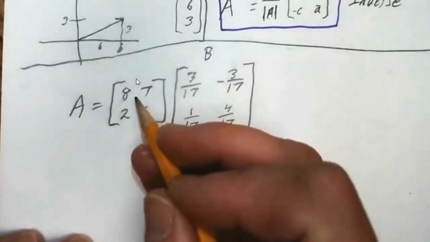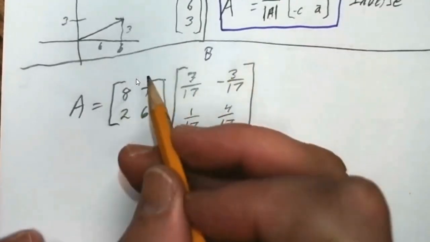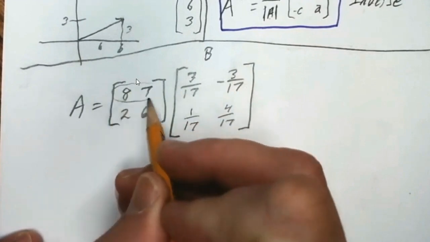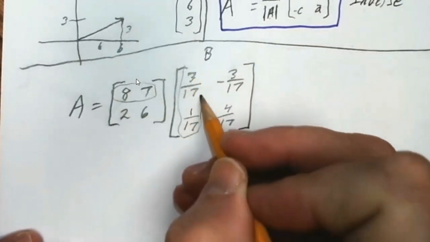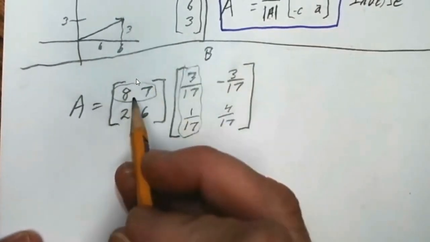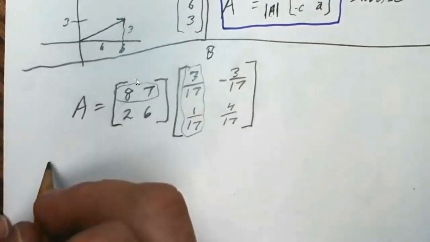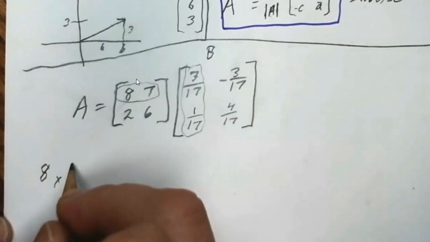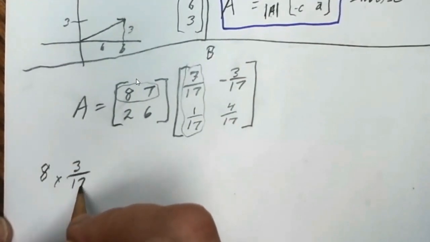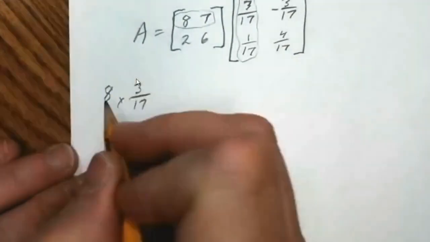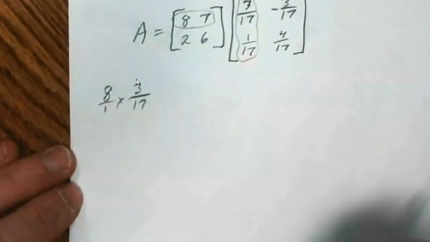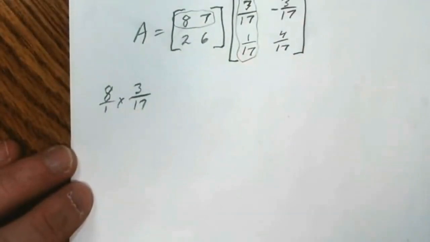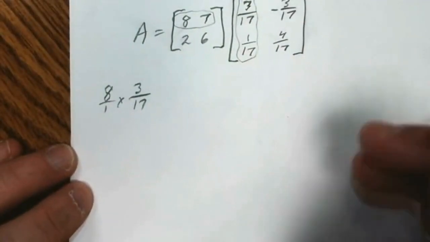So, all right. So we have to multiply this row times this column. 8 times 3/17. Now, remember, when you multiply a number times a fraction, really this number is 8 over 1 if we wrote it as a fraction. We don't ever write over 1 because that's really not necessary.